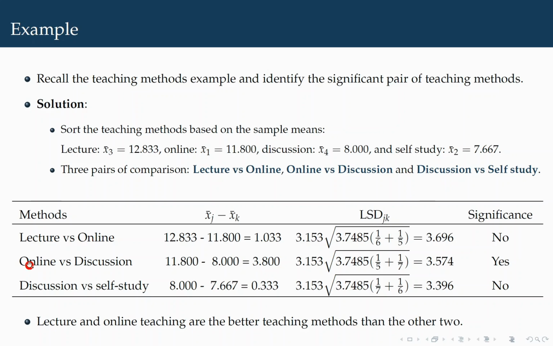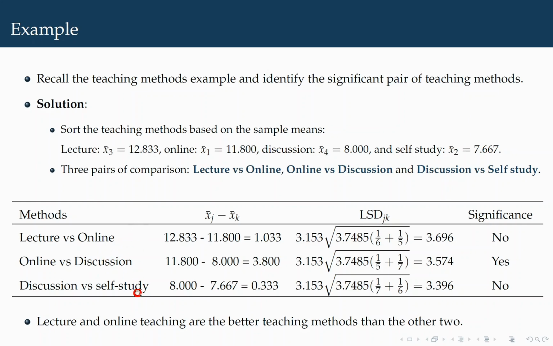So since online is different from discussion and lecture and online are not significantly different, that means lecture and discussion are significantly different. So lecture and online are better than discussion, and self-study is not better than discussion.